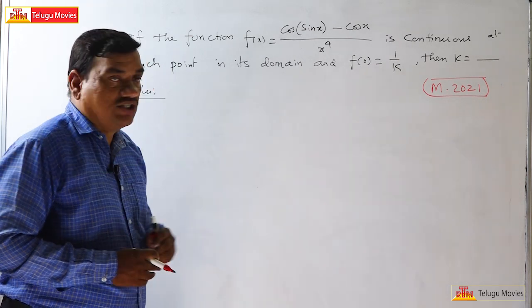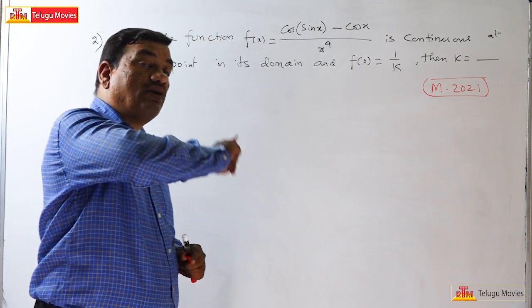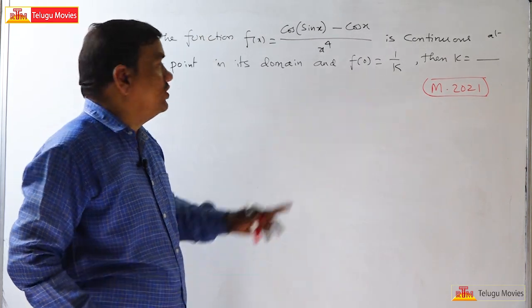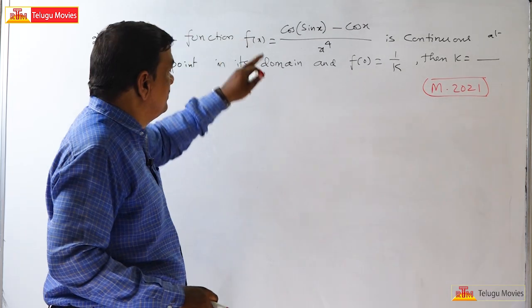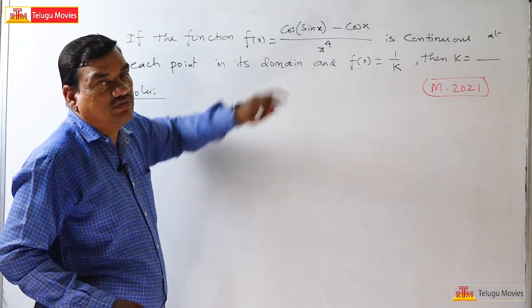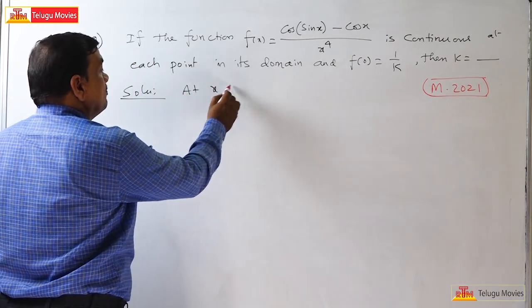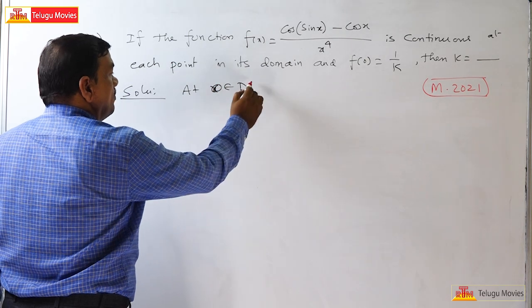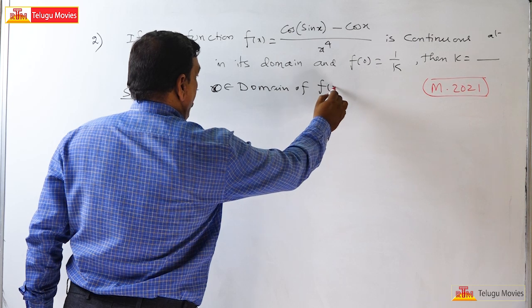It is saying that the function is continuous, and it is given that f of 0, that means for 0 an image is there, f of 0 is given as 1 by k. That means 0 is there in the domain of this function. First you have to declare that. So that means 0 belongs to the domain of f of x.